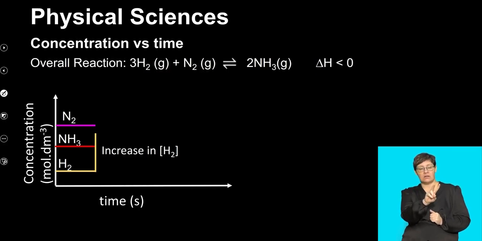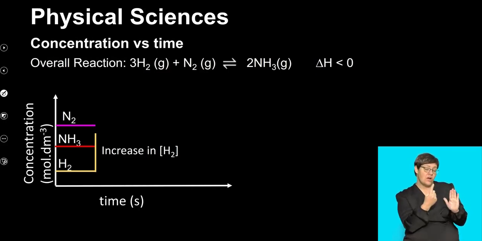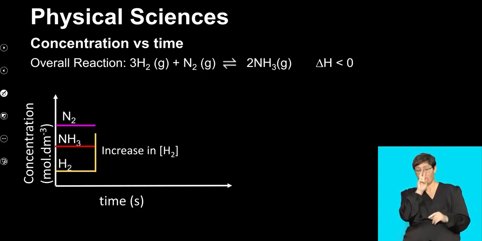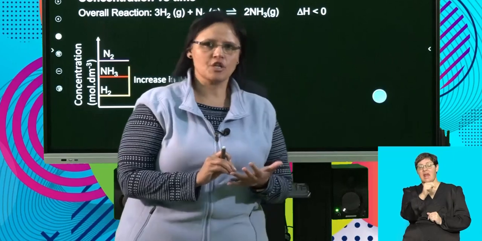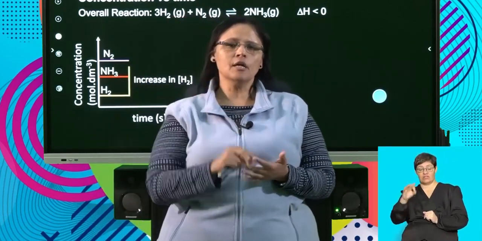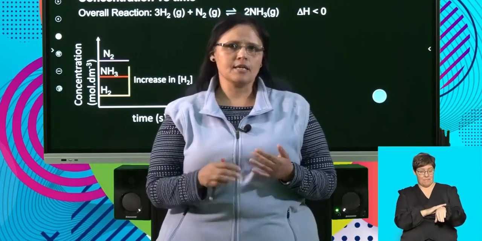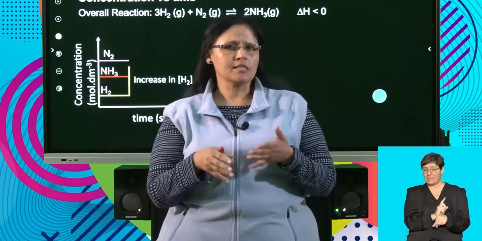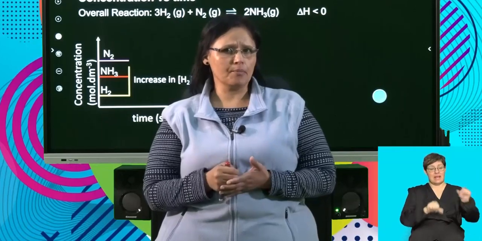When we look at the graph in front of us, firstly, I need you to note that we have parallel or horizontal lines here. You need to understand that at that point where my nitrogen, my hydrogen, and my ammonia have horizontal lines, horizontal to the time axis, it means at that point the system is in chemical equilibrium.